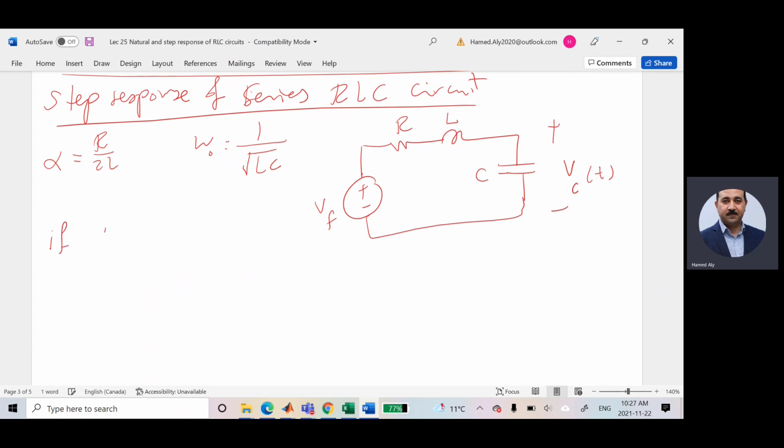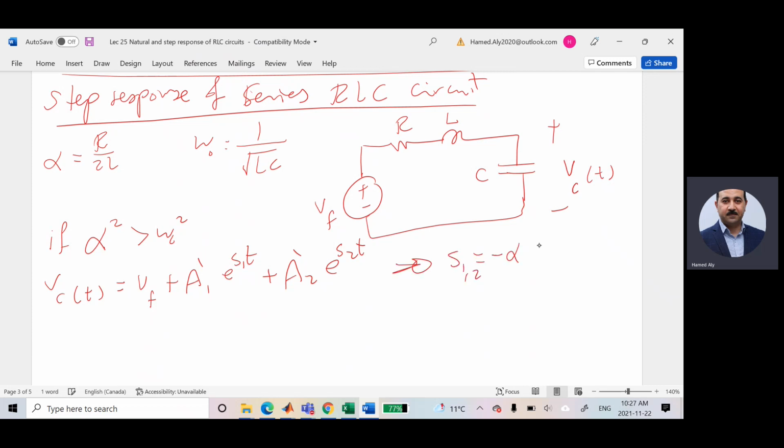Then if alpha square is greater than omega 0 square, VC of t will be equal to VF plus A1 prime times e to the power s1t plus A2 prime times e to the power s2t. Again, where can I find A1 prime and A2 prime? From the initial conditions. And don't forget that s1 or 2 are equal to negative alpha plus or minus square root of alpha square minus omega square.